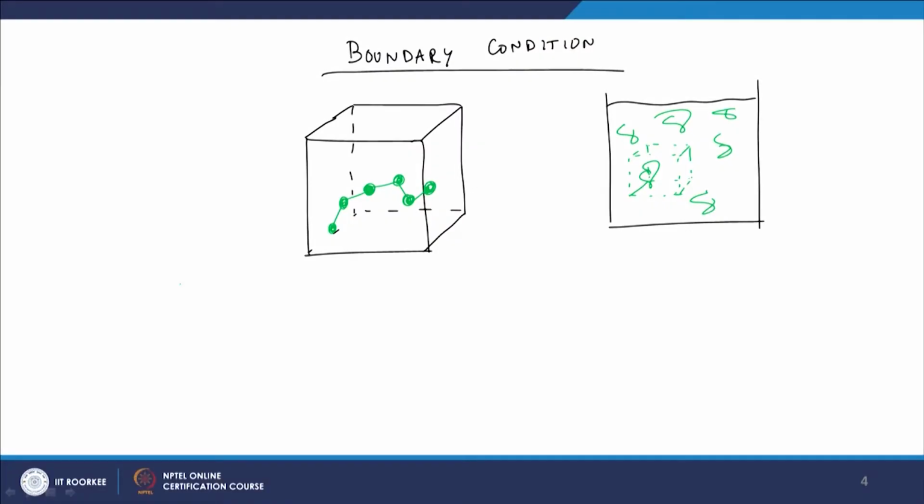So is there an alternative? And the answer is yes. If I want to represent a bulk system, an infinite bulk system, a better boundary condition is what is known as a periodic boundary condition.